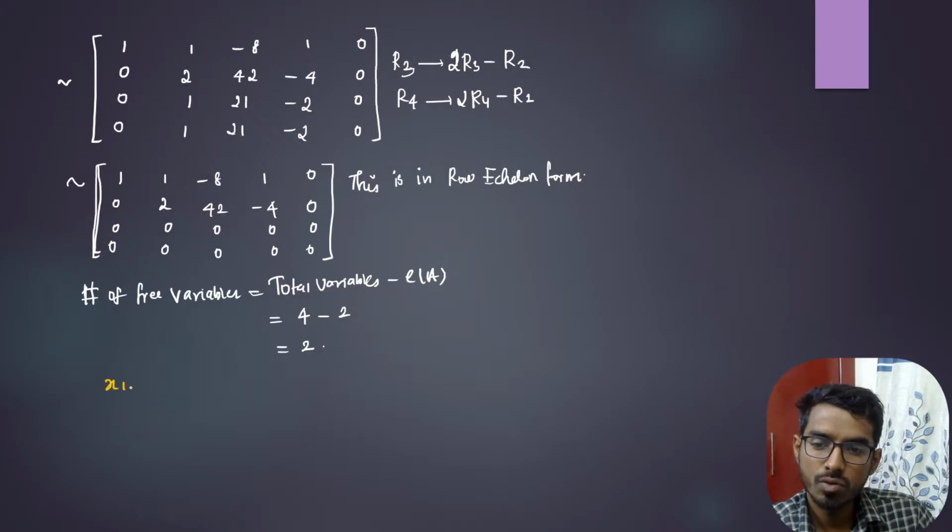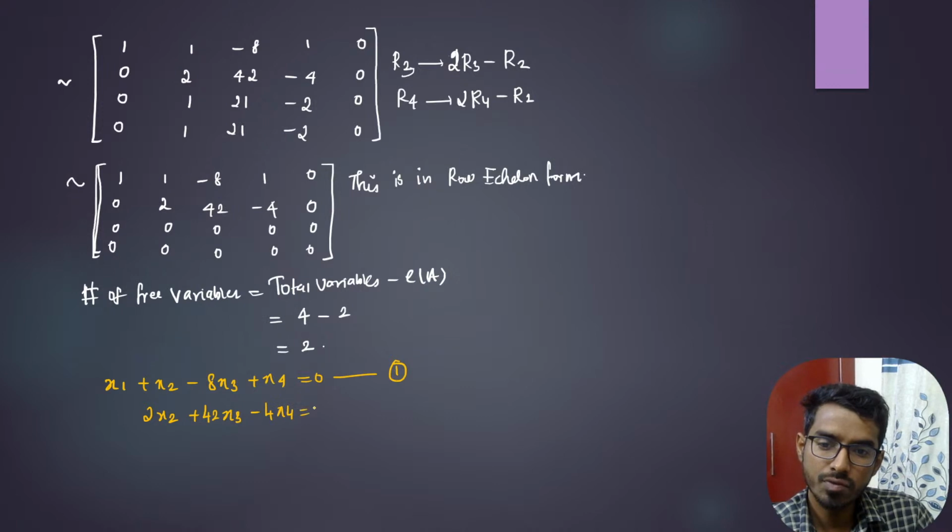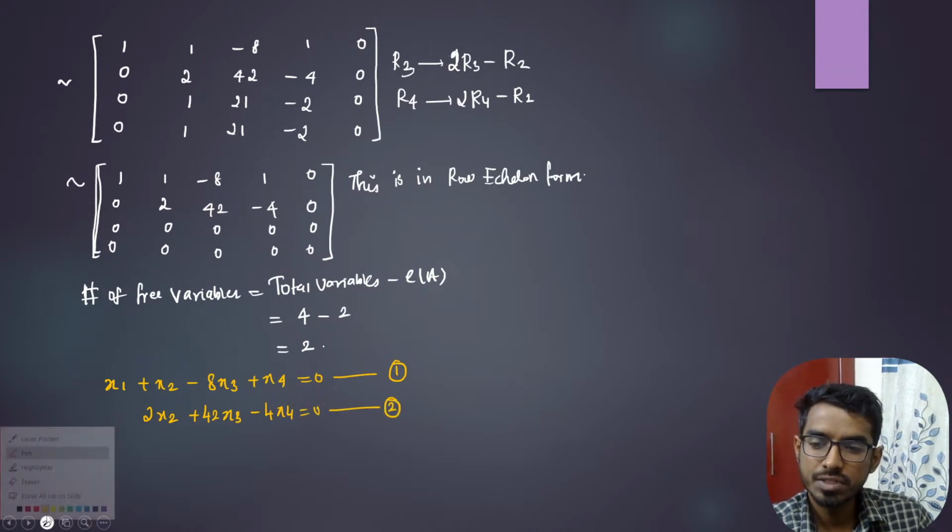We have two equations now: x1 plus x2 minus 8x3 plus x4 equal to 0. This is the first equation. And then we have 2x2 plus 42x3 minus 4x4 equal to 0. This is equation number 2. Now we have two equations.